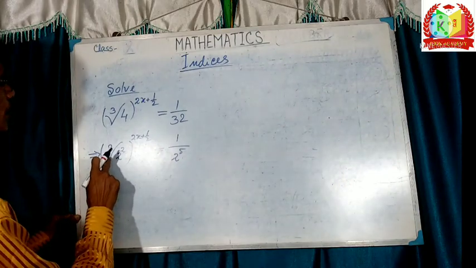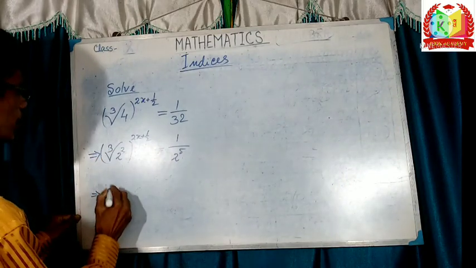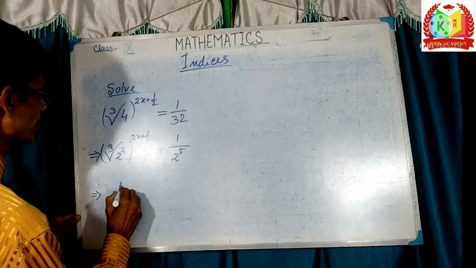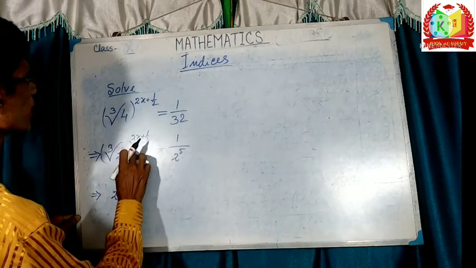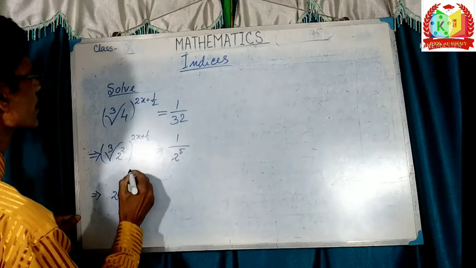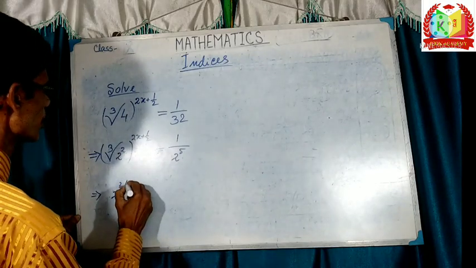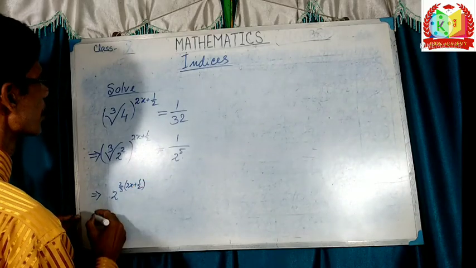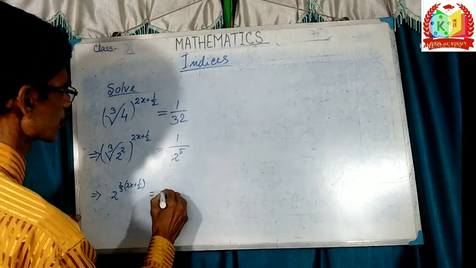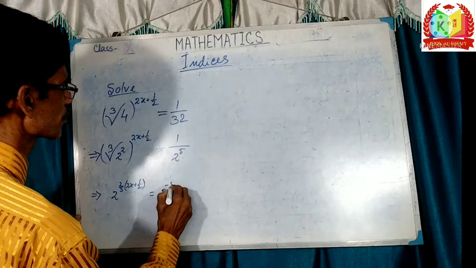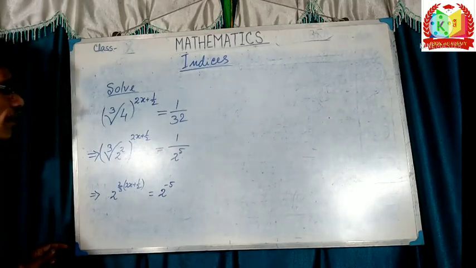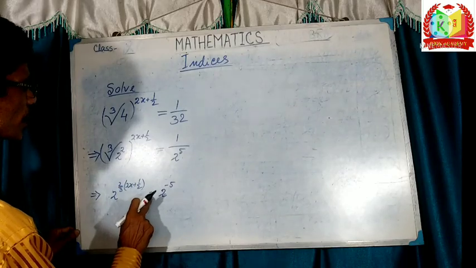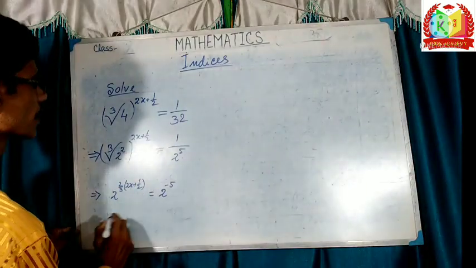So 2 to the power (cube root of 2 to the power 2) equals 2 to the power 2 by 3, into 2x plus 1 by 2, equal to 2 to the power minus 5. Here 2 to the power this portion equal to 2 to the power minus 5.